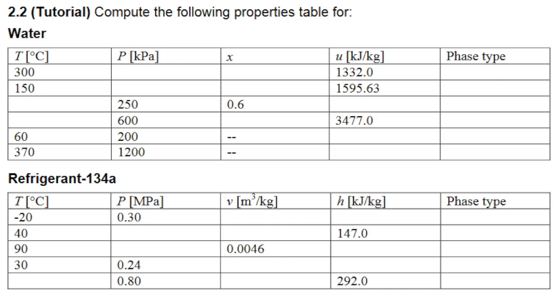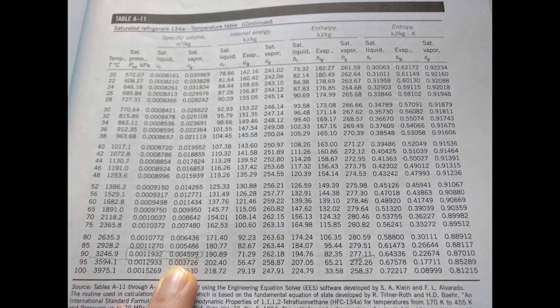The first thing to do when you have those values is go to the table for the refrigerant R134A, and for the given temperature of 90 degrees, you have to make sure that the given specific volume is within the range.